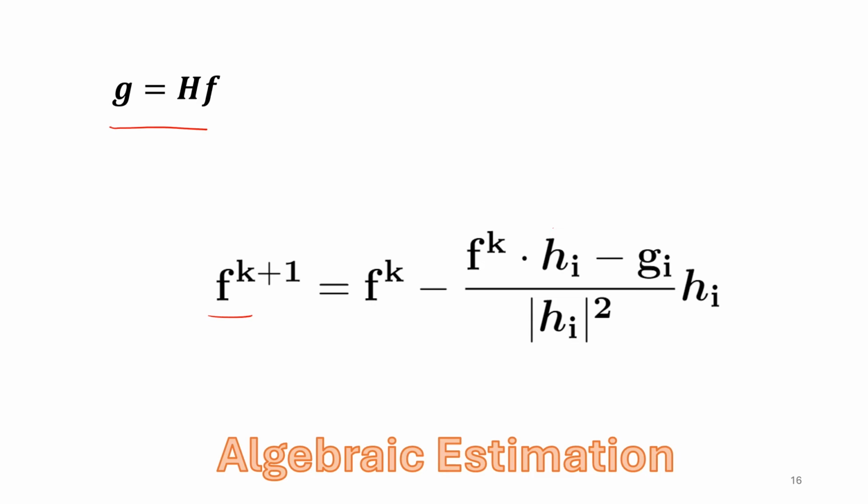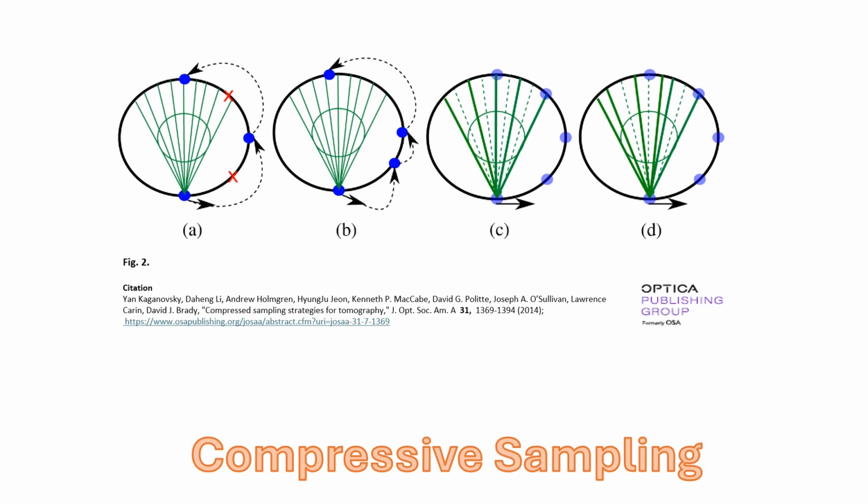And so this is the regression error on that single component, and we try to iteratively go through all of the rows of H to try to minimize the regression error. Rather than trying to invert the matrix in a single step, this does this row by row, and this can be shown to converge under appropriate circumstances. We're going to use this algorithm to reconstruct systems with incomplete measurement.